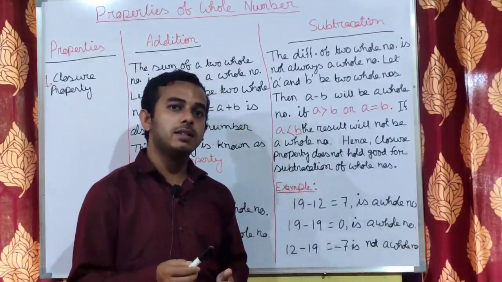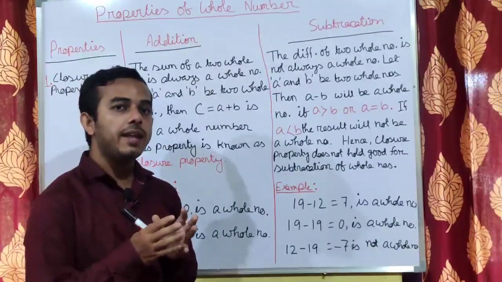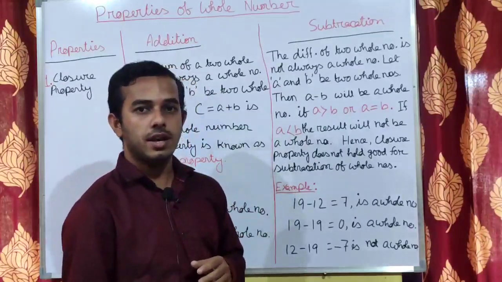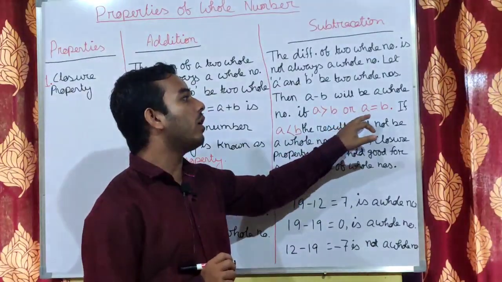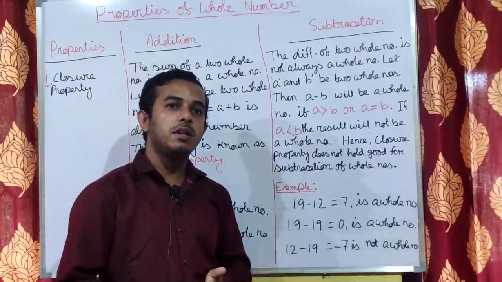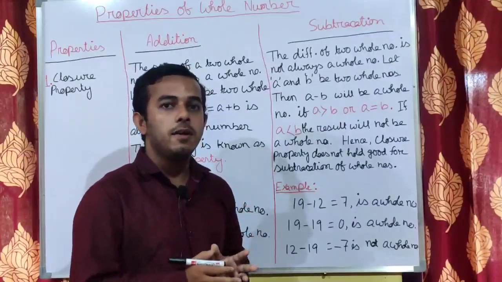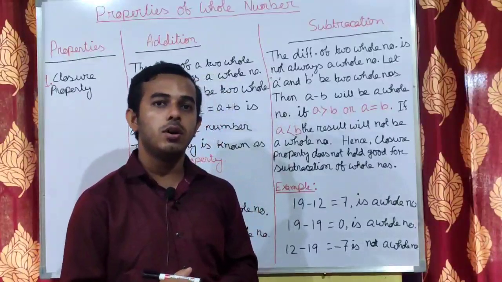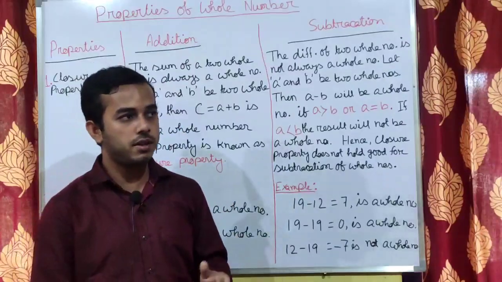Now 7 minus 4 is how much? 7 minus 4, the result is 3. Here a is greater than b, that's why we got the result as a whole number. That is a greater than b, or a equals b. That is, a is 7, b is also 7. So if we subtract 7 from 7, that is 7 minus 7, the result will be 0, and we know 0 is the smallest and the first whole number.